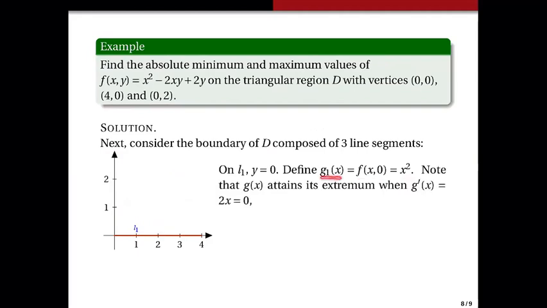And then this function G1 of x attains its extremum when g prime of x, which is equal to 2x, equals 0. So this means the extremum occurs when x equals 0. And therefore, you have the point 0, comma 0.